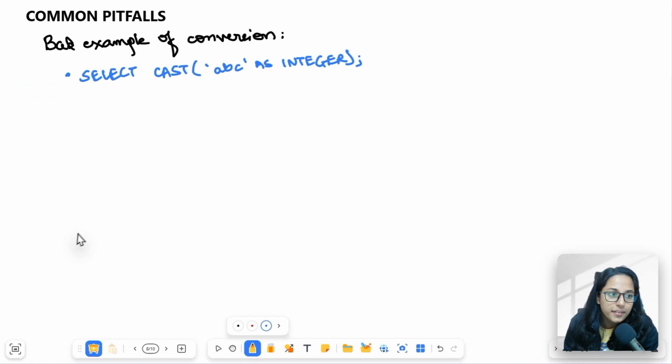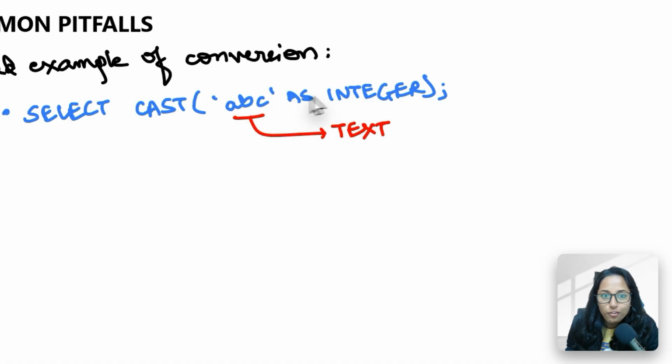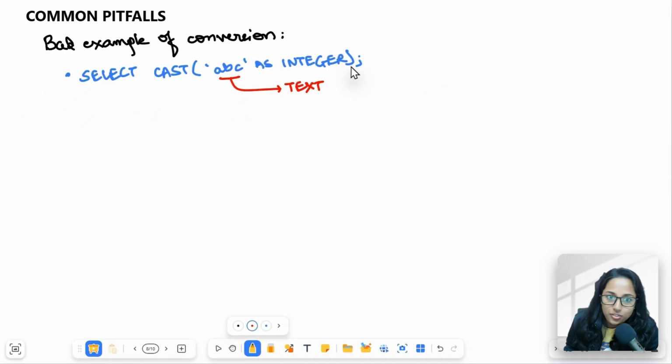I have written a pretty bad query here. Why do I say it is bad? Originally ABC is of type text, and if we convert it to an integer, it will mislead what I was expecting it to be treated as, right? We need to avoid such cases because we do not want inconsistent data in our database.